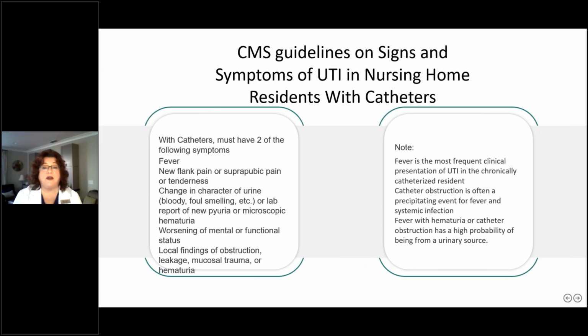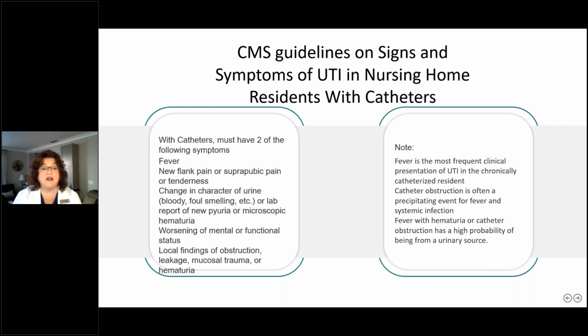Speaking of bacteria and the signs and symptoms of UTI in nursing home residents, CMS came up with the following rules. And they are, with the catheter, they have to have at least 2 or more of the following symptoms. And you can see them here: fever, new flank pain, or suprapubic pain or tenderness.